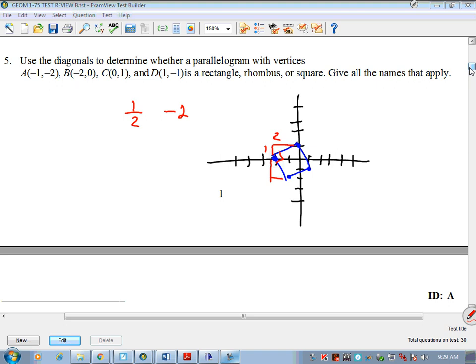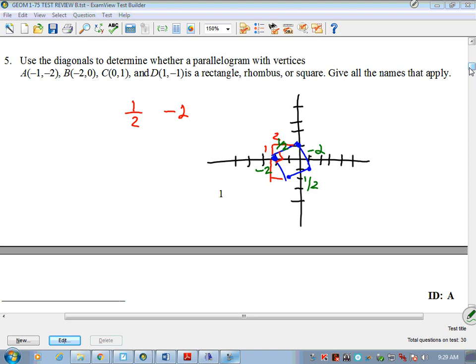Okay, from here, I'm going down 2 over 1, right? So you'll notice that if we said that this is 1/2, we said that this was -2, right? You'll notice that this goes up 1 over 2, has a slope of 1/2. So I noticed two things, right? We know it's a parallelogram, right?